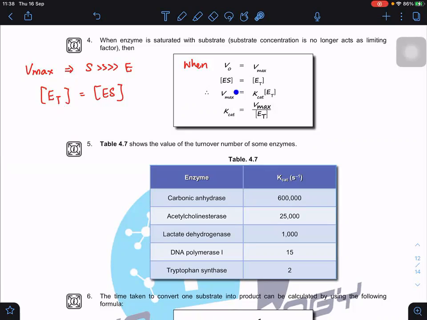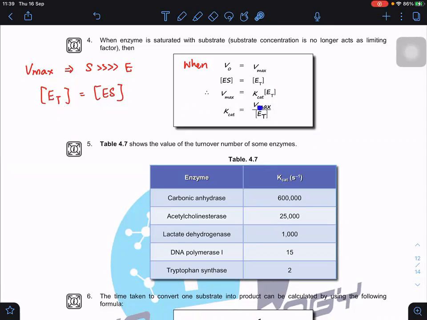And Vmax now, can you see that? Vmax equals KCAT multiplied by the total enzyme. So according to this formula, we can calculate KCAT.